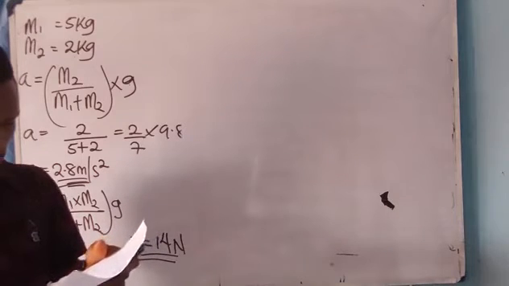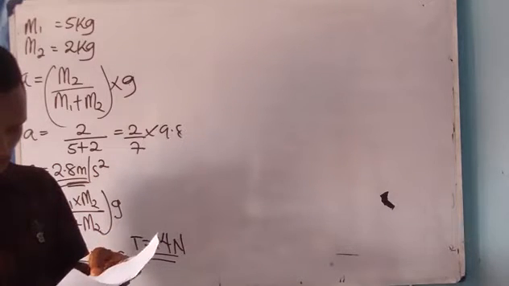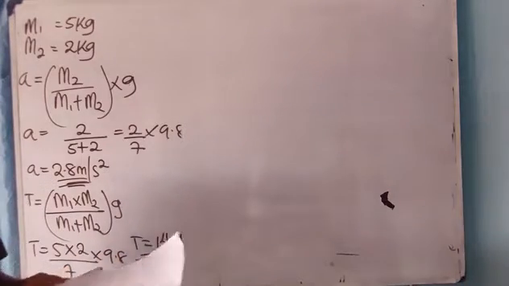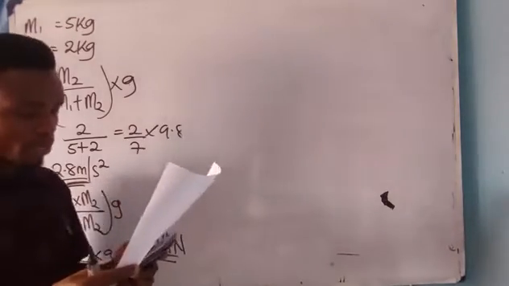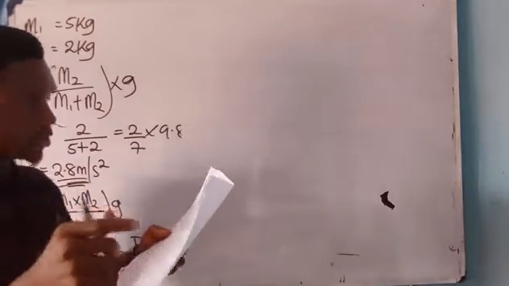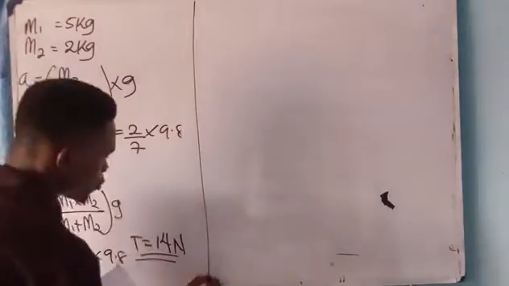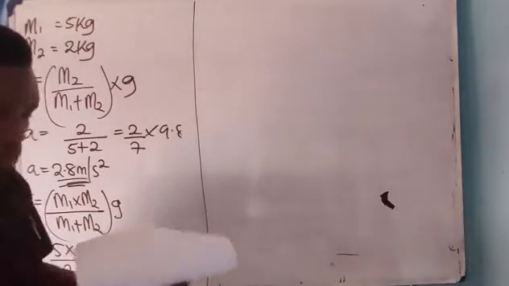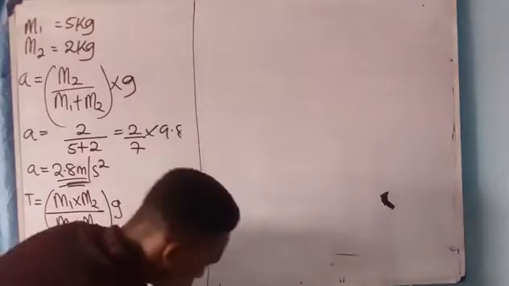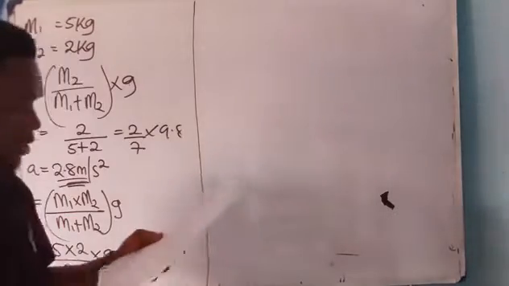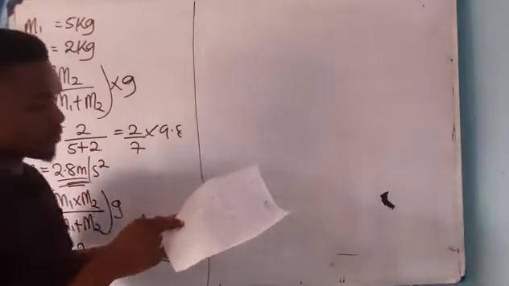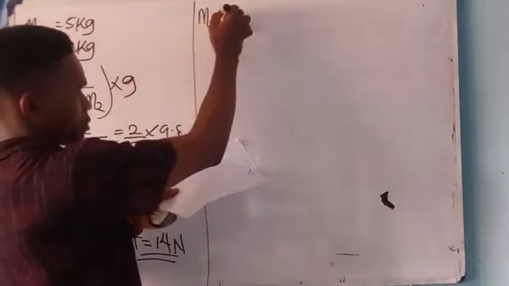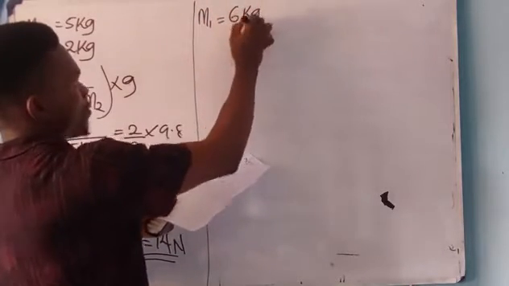Okay, which one have we not solved now? Okay, we have solved this one. Okay, have we solved this one? Okay, no, we have not. We have not solved this one. Look at the question. It said two particles of mass 6 kg, which means that M1 is 6 kg.